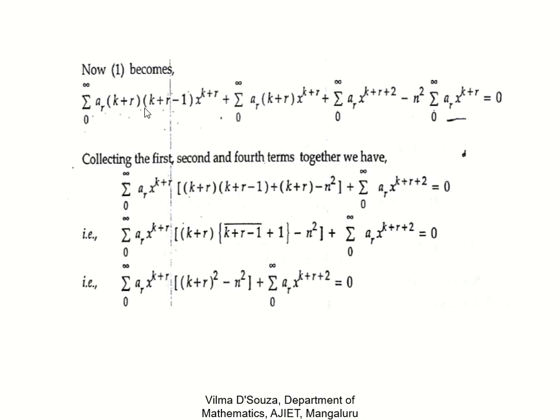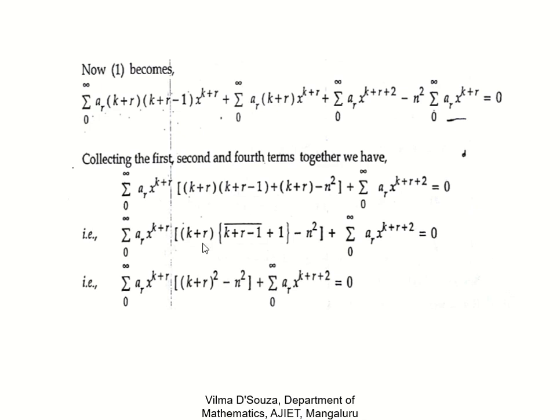What remains? k plus r into k plus r minus 1 here, and the second term k plus r, and the fourth term minus n square. Plus the third term as it is, you write down here: summation a r x to the power k plus r plus 2, which is equal to 0.